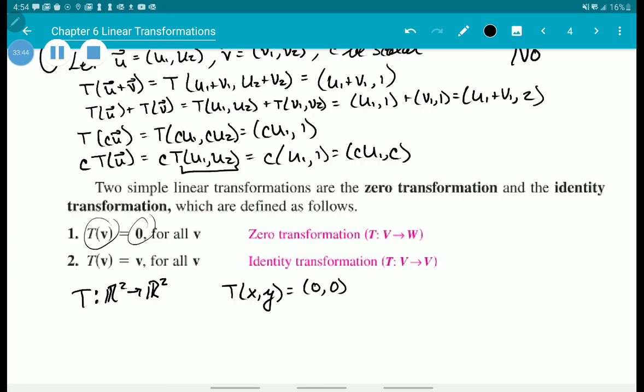And this guy will pass both of the axioms. I'll leave it to you to verify that. But that's what the zero transformation is: it just takes everything and maps it to the 0 vector.